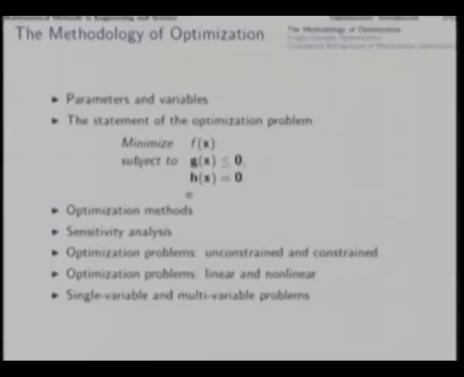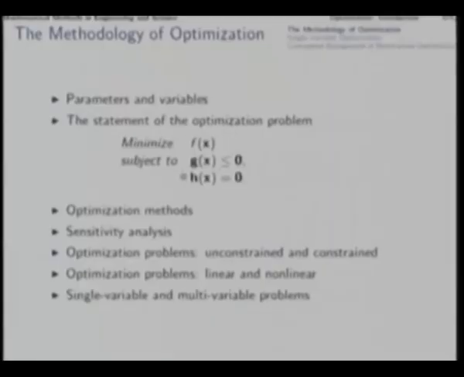After the formulation is made from any given field, you look for a suitable optimization method or algorithm to find a solution of this problem. Any point x, any set of values for the variables x that satisfies the given constraints, g(x) is less than or equal to 0 and h(x) equal to 0, is called a feasible solution.